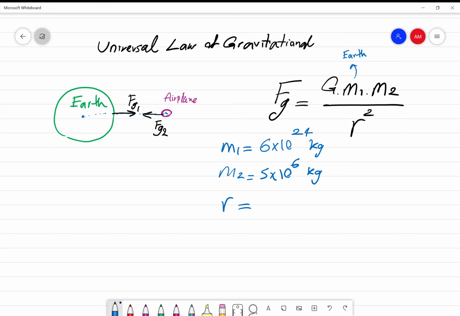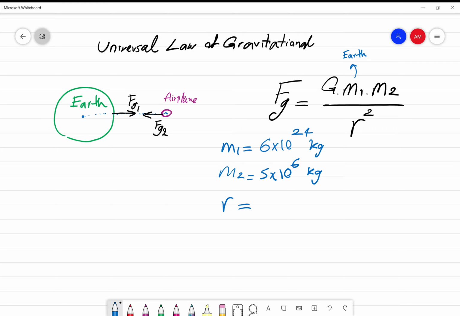Now, we need to know two things. First of all, we need to know the distance between airplane and the surface of Earth, which we can calculate probably. Another thing we need to calculate is the radius of Earth. Okay, that is also a factor here. Correct?